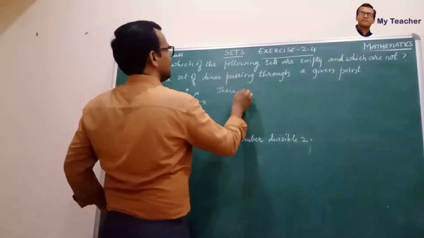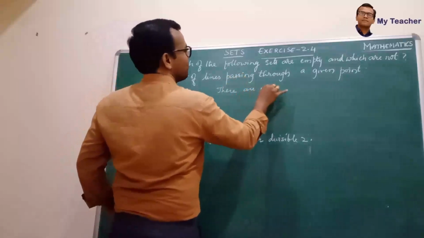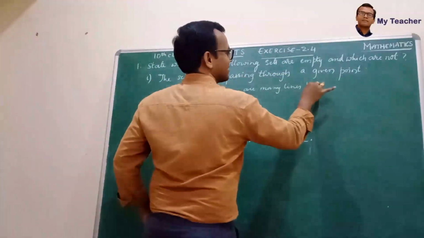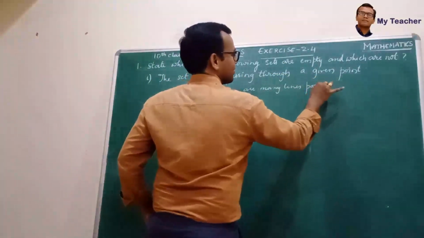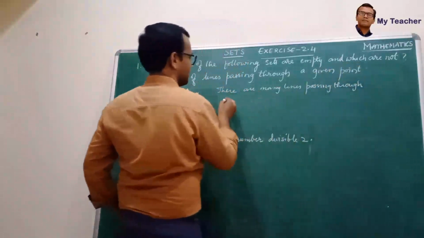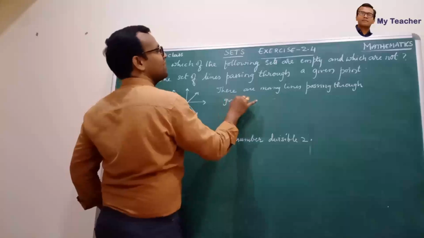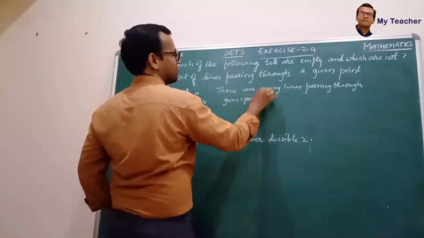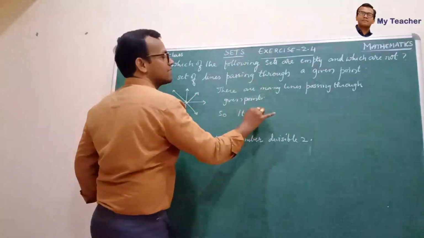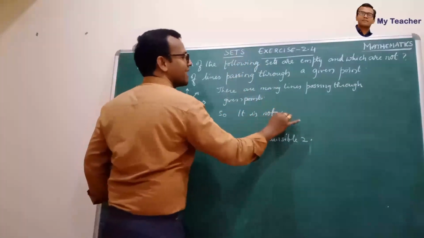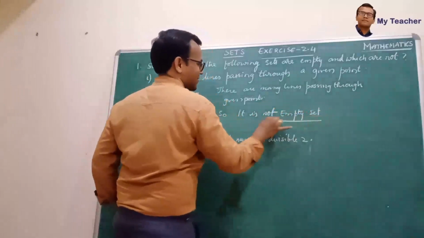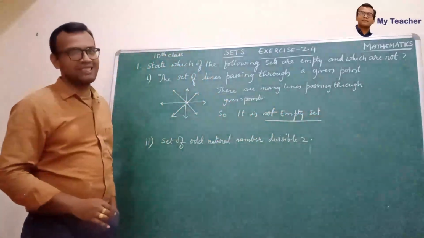There are many lines passing through a given point. So it is not an empty set.